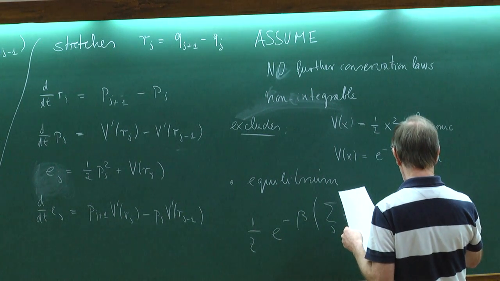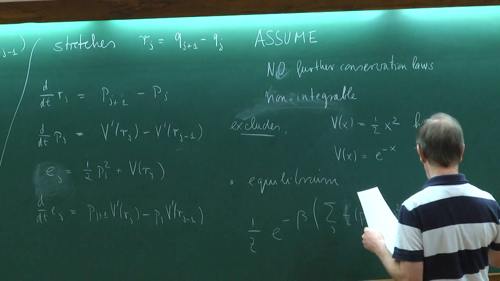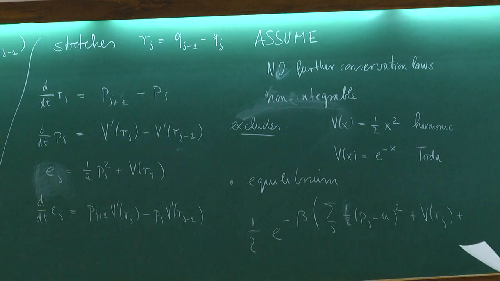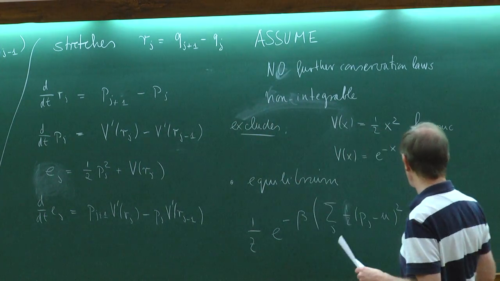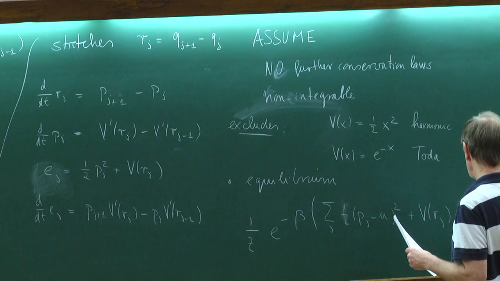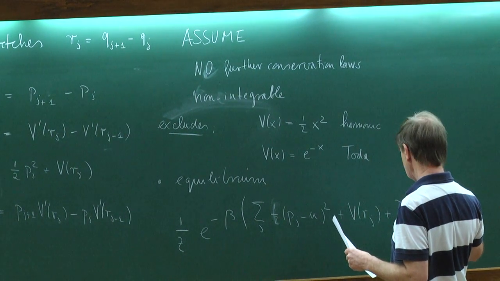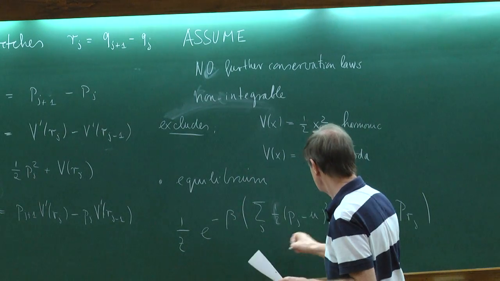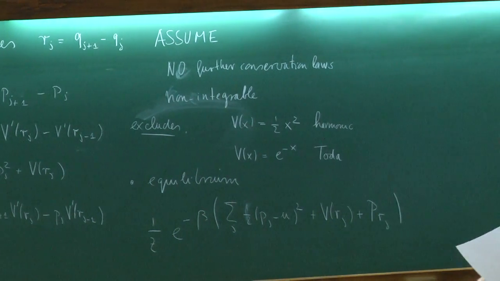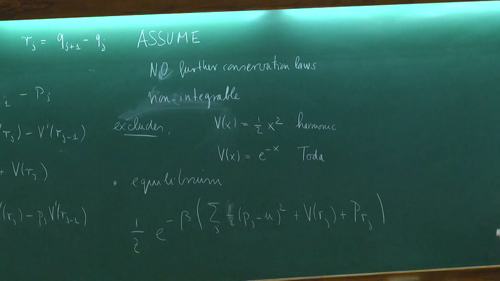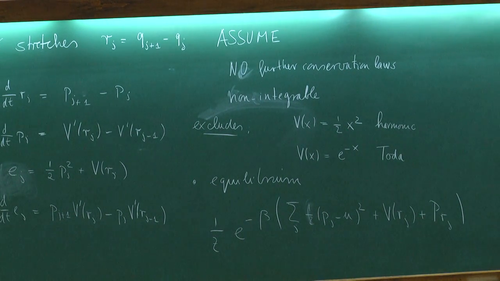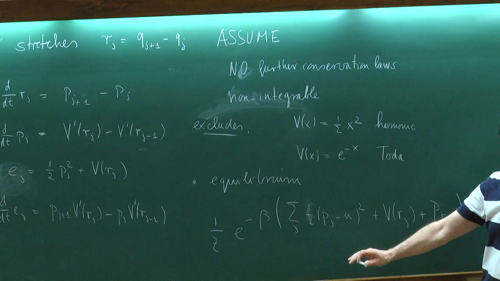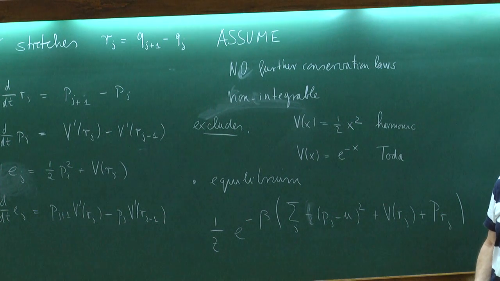Then, of course, there is the anharmonic potential, and then there must be a Lagrange multiplier which corresponds to the stretch. And so I just put here the P of Rj. So we have 1, 2, 3 parameters in our equilibrium measure. But nevertheless, it looks very neat, nothing very problematic. That's one of the advantages of these anharmonic chains. You see that it's just independent. It's just a pure product, right?